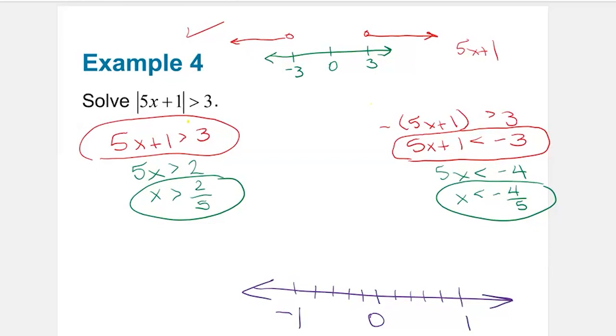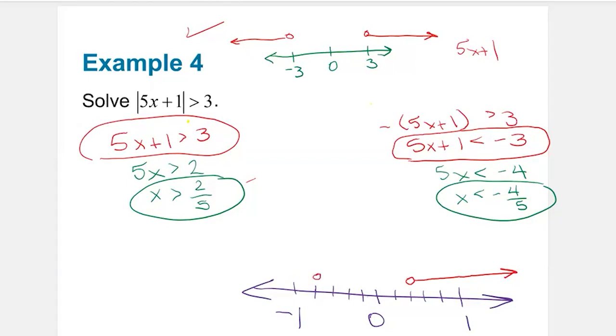Okay. And I'm going to say, first I'm going to graph this one, and that's x is greater than 2/5. So here's 2/5. That's an open circle, and it's going to be greater. And then I have x is less than -4/5. So 1, 2, 3, 4. So I have an open circle here.